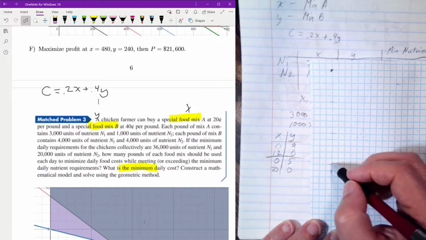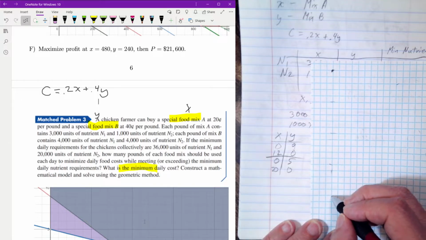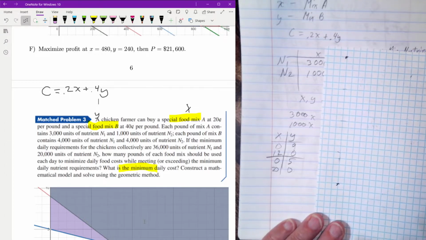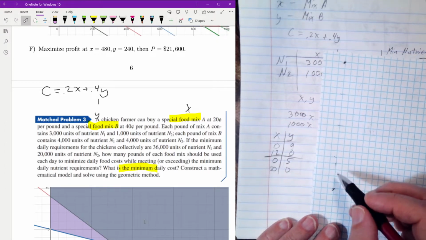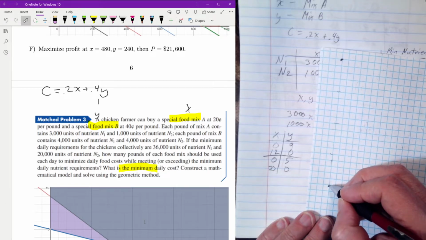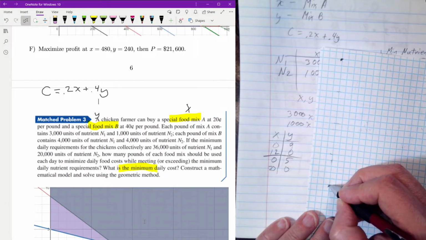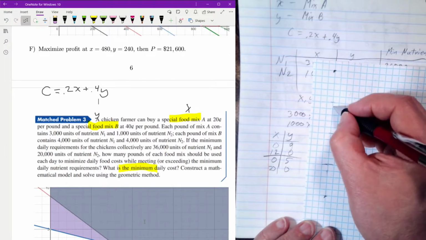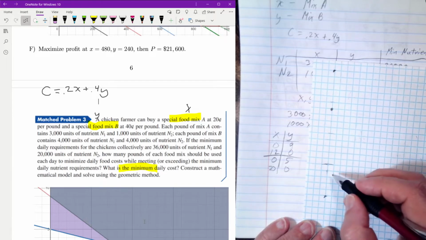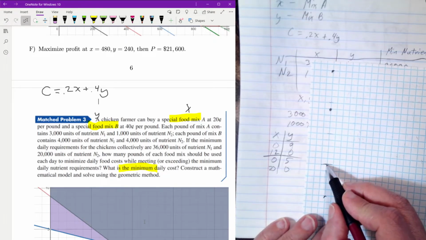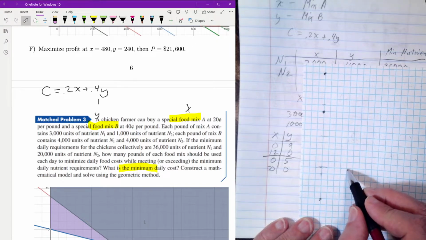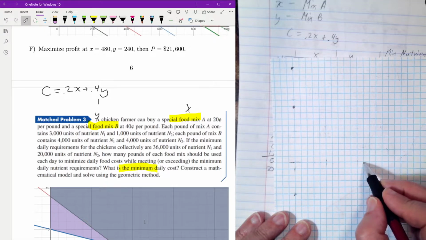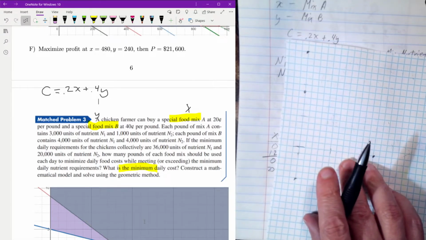Five, 10, 15. Okay. So we have 0, 9, 5, 9, and 12. Let's start drawing some lines.